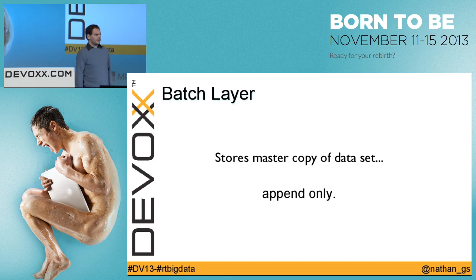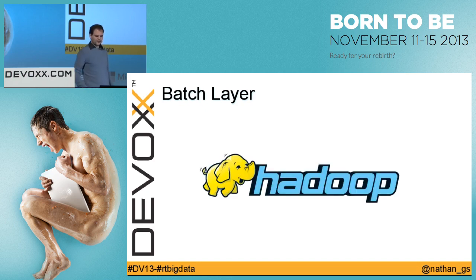I think an excellent candidate for the batch layer is Hadoop, but it doesn't really have to be Hadoop. I think any kind of distributed file system combined with a processing framework might do. So I guess you could use something like Spark as well, or whatever you want to use.